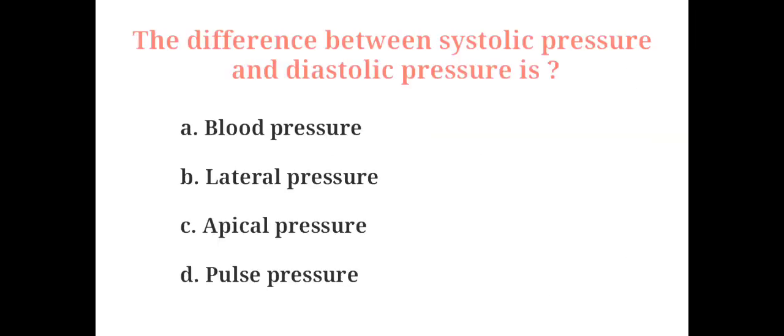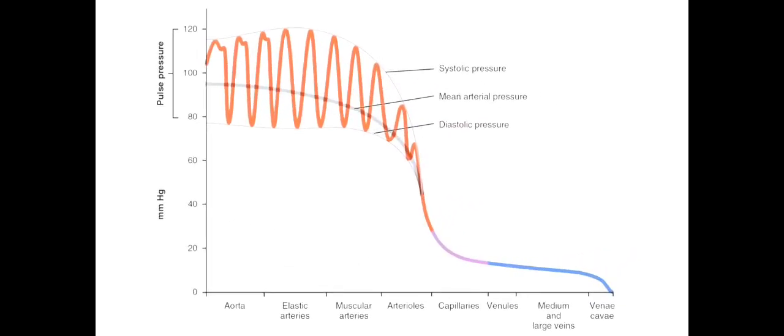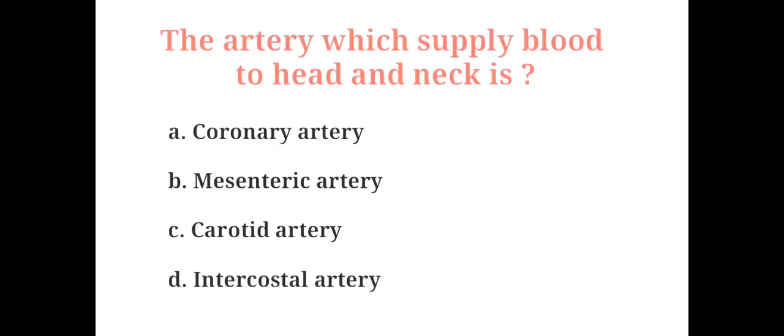The difference between systolic pressure and diastolic pressure is. The correct answer is D. Pulse pressure. The artery which supply blood to head and neck is. The correct answer is C. Carotid artery.